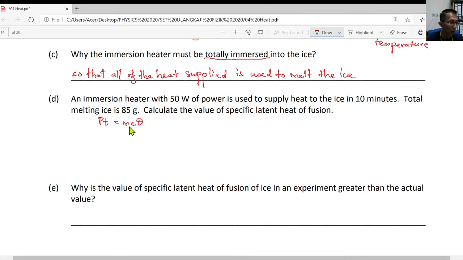So we are not going to use mc theta, but we are going to use m l_f. I'm using the specific latent heat of fusion here because we are talking about a change in the state of matter from solid to liquid or vice versa.